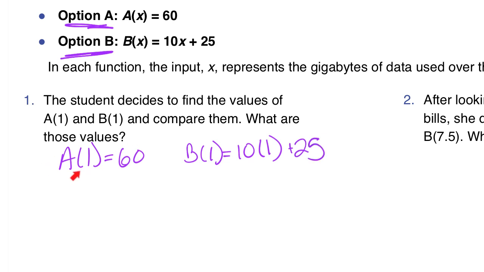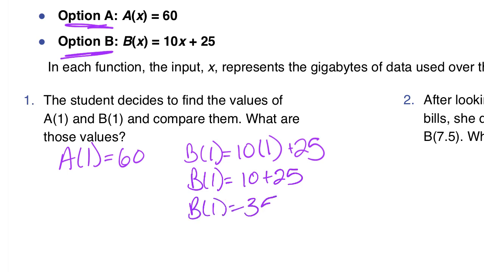Option A means that no matter what my input is, the output is always going to be 60. So no matter how much data she uses, she's always going to be paying $60. In plan B, we're going to simplify this and we get an output of 35. So this means if she went 1 gigabyte over her data, she would be paying $35 for the month.